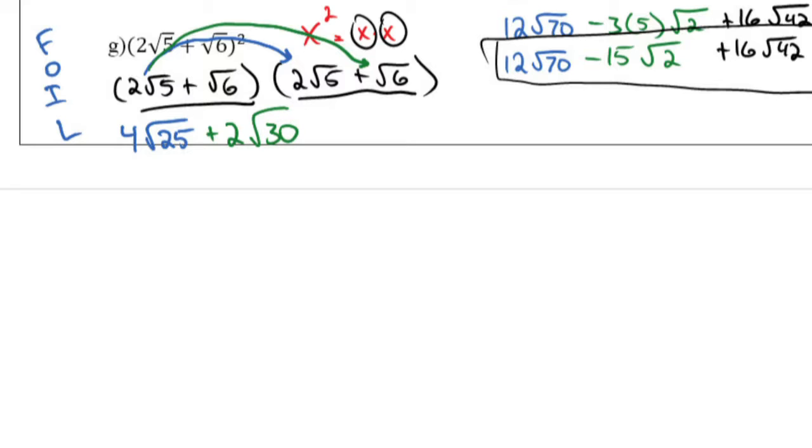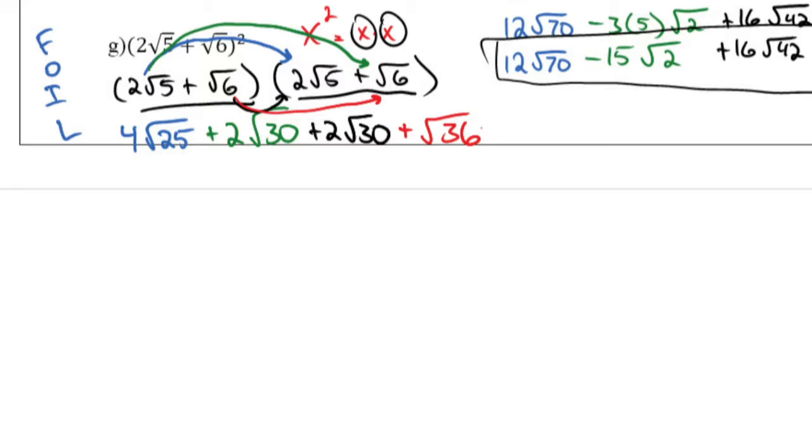My insides, root 6 times 2 root 5 is going to give me positive 2 root 30, and then my lasts are going to be root 6 times root 6, which is positive root 36.